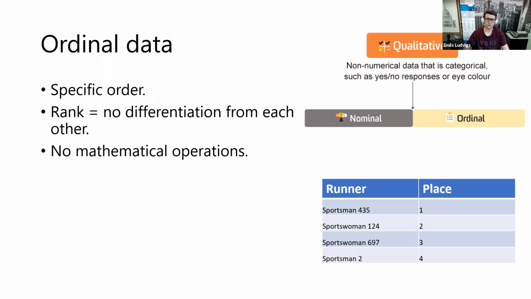A small example is runners in a run, and we have places, and it doesn't mean anything if we do 4 times 2 and get the 8th place. No, it's not even possible. This rank only shows the visual cue of how the elements are placed in a specific order.